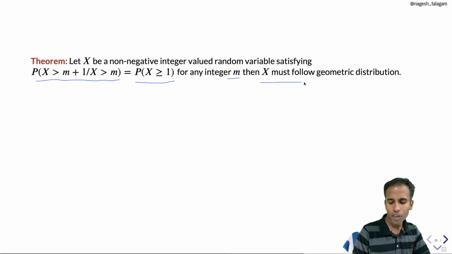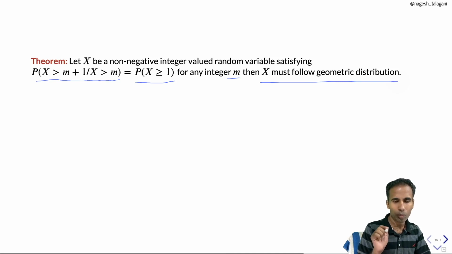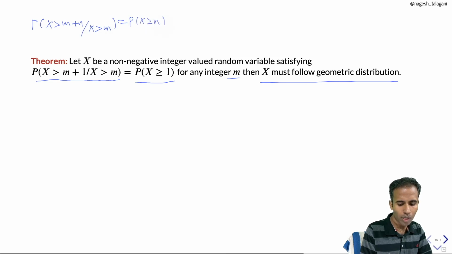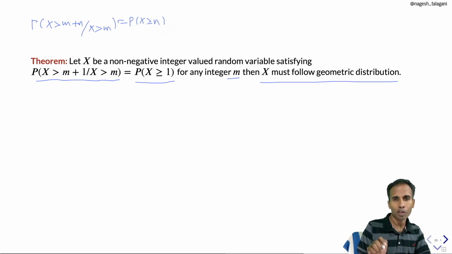Then X must follow geometric distribution. What is given actually? Memoryless property for n equal to 1. What is the memoryless property we mentioned? For any integer m and n, the probability of X bigger than m plus n given that X bigger than m equals probability of X bigger than or equal to n. What is given is only n equal to 1, and that is enough to show X follows geometric distribution.